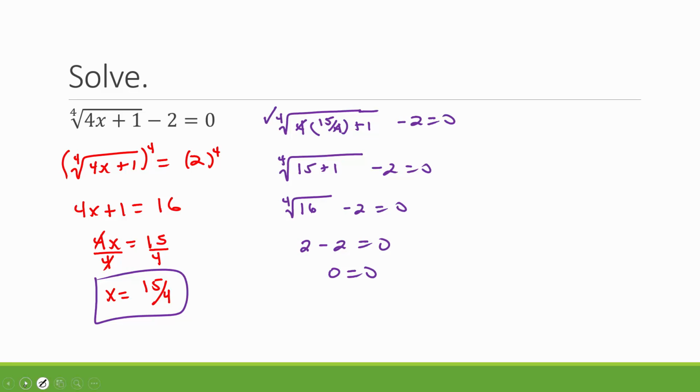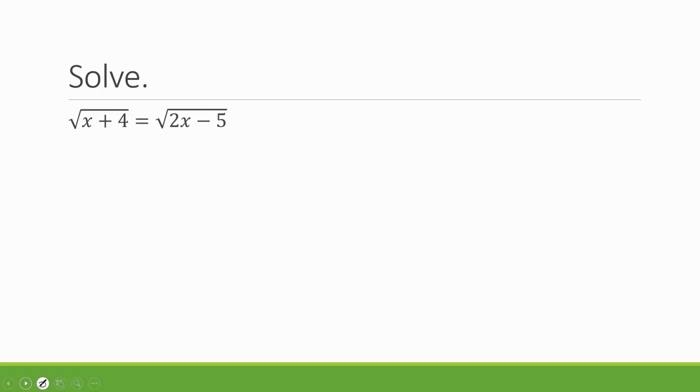Okay, let's take a look at one more example. The square root of x plus 4 equals the square root of 2x minus 5. All right, so we have two radicals in our problem, but they're on opposite sides of the equal sign, so we're good to go ahead and raise each side to the 2nd power so we can get rid of those radicals.